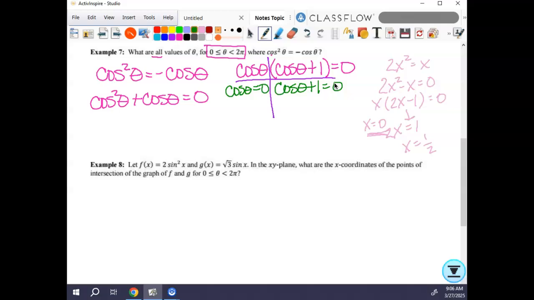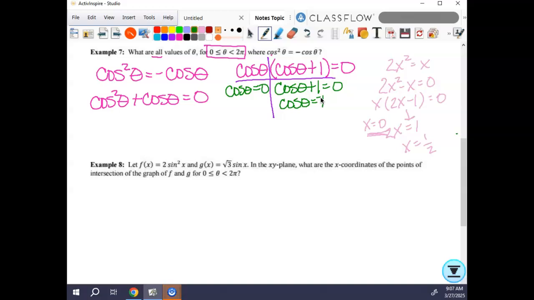Just like I basically would have done here. We kind of skipped the equals 0 part over here now just because we know what we're doing. It's okay to even skip this one and just go ahead and say cosine theta equals -1. I just didn't want to lose everybody on the first one.